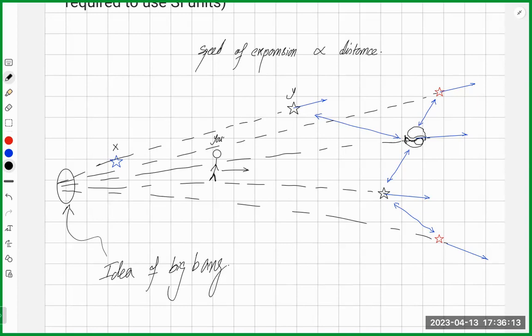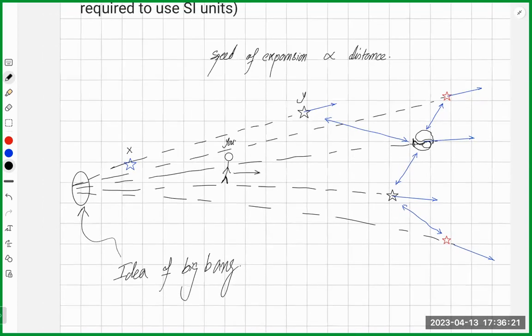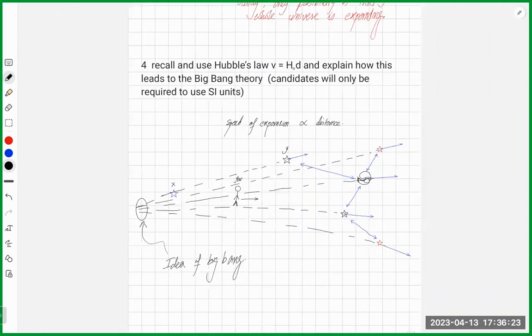So overall, the whole universe is expanding, and this is the proof, or not a proof. Nobody can prove the Big Bang the way we prove things in physics. In physics, we only prove things if we can perform an experiment on it.